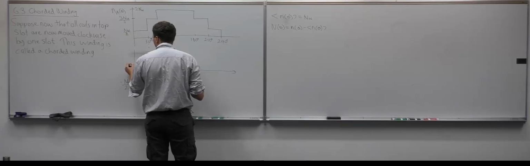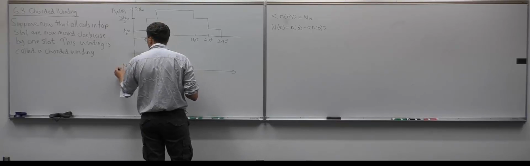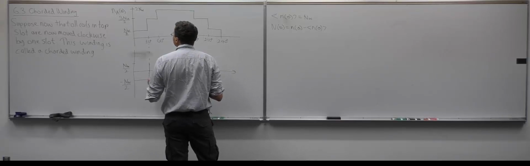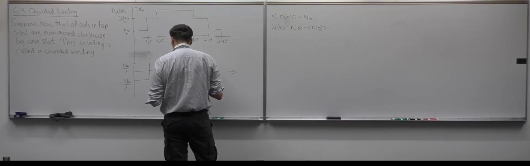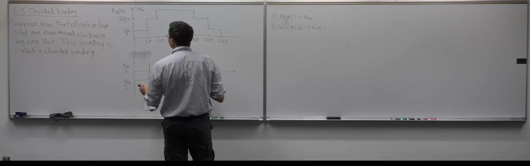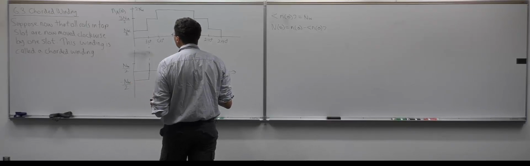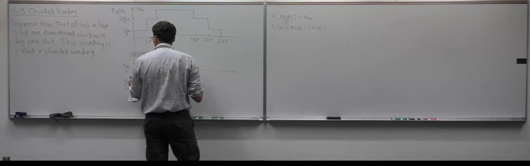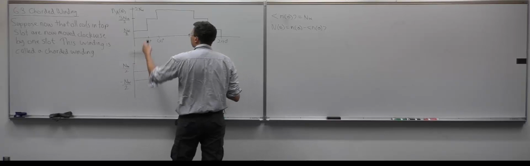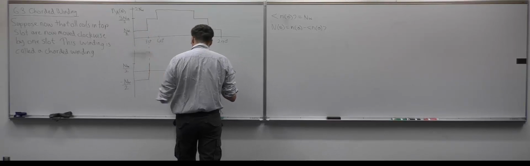So we start here at minus NW over 2, and then here it jumps up from minus NW over 2 to NW over 2, because it's jumping up by NW.